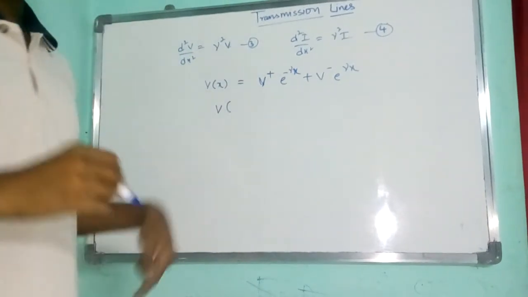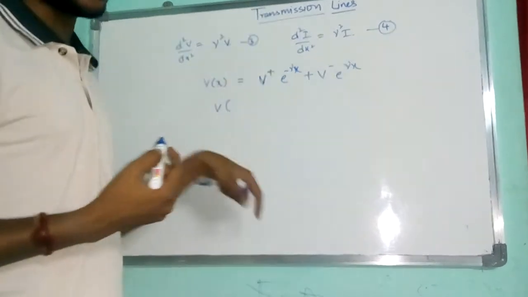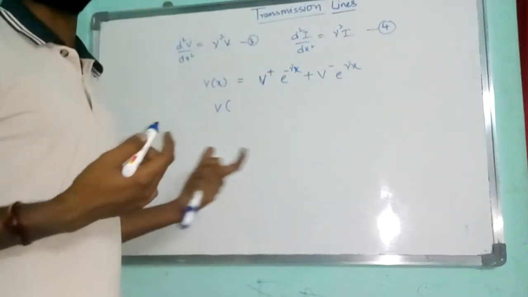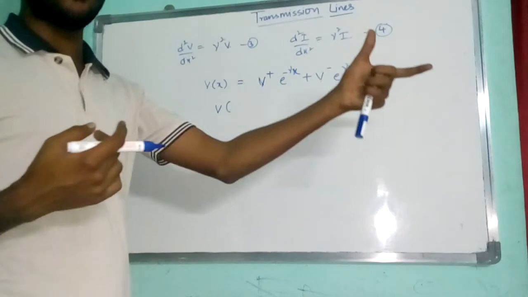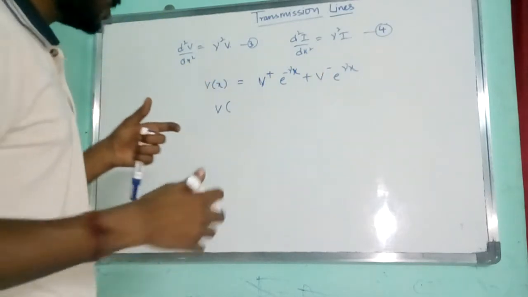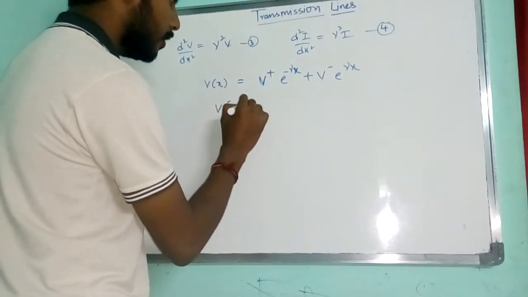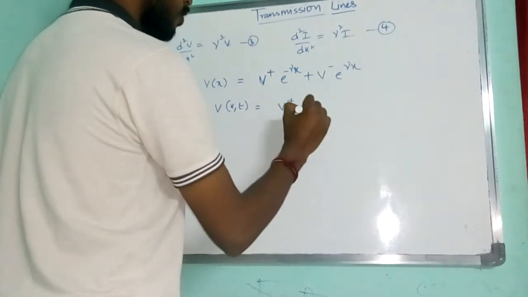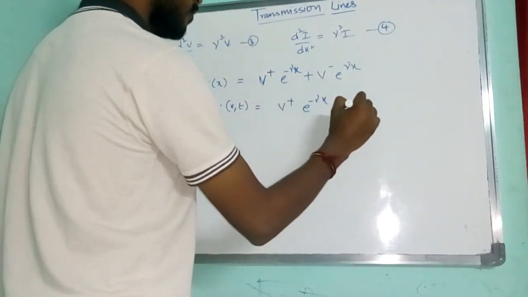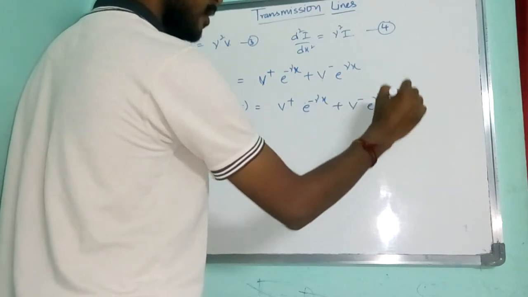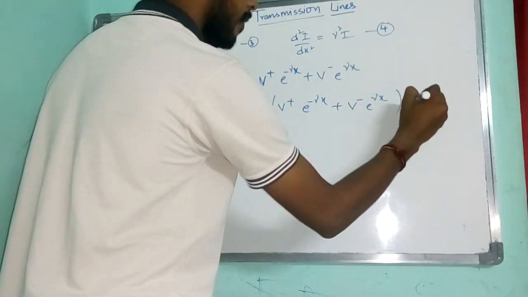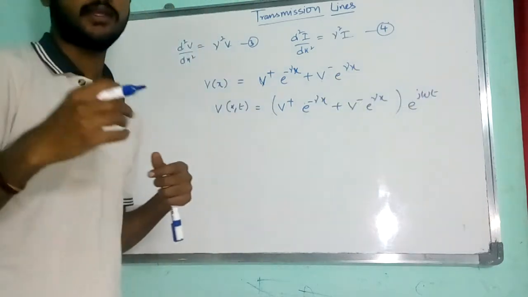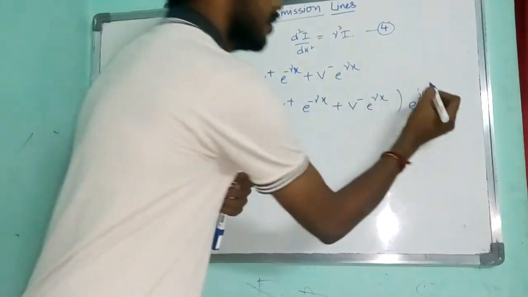Now, as I said earlier, whatever the waves on the transmission line, they are traveling from the generator to the load, and they are all time variant. So I need to consider even the time element here. What I will do is V plus into e power minus gamma x plus V minus e power gamma x, and multiply it with the time element e power j omega t. Okay.